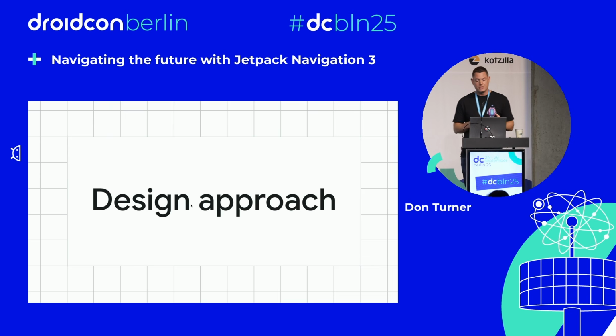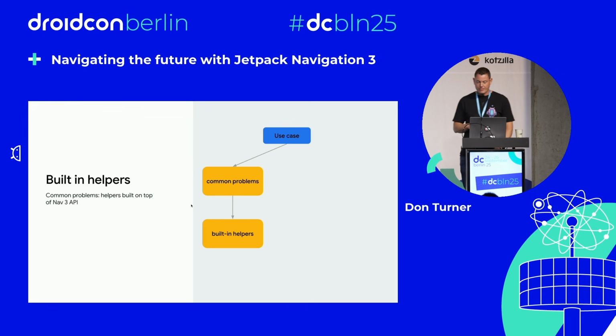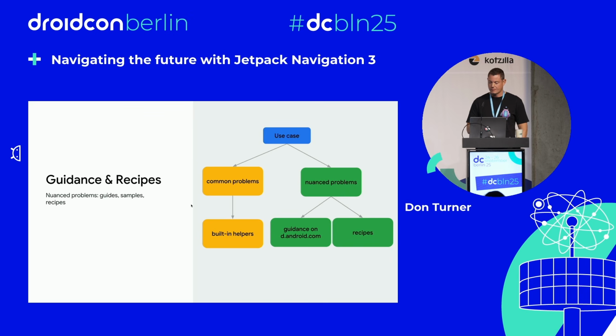It provides a lot of features, but it can be difficult to customize its behavior, or specifically get access to its state. So in Nav 3, we wanted to avoid this by doing a few things differently. For common problems, we wanted to provide helpers like our entry provider DSL that are built on top of the core Nav 3 API surface, and this should make those problems more approachable.